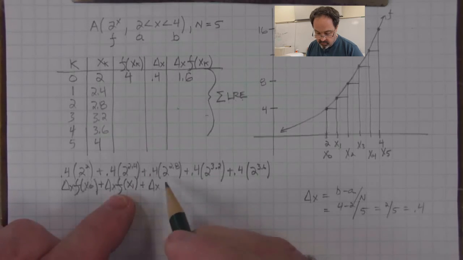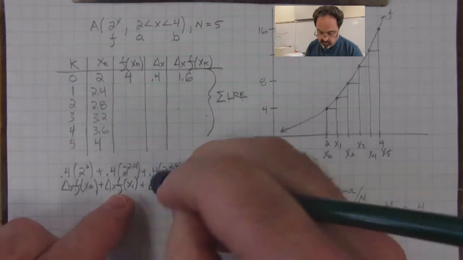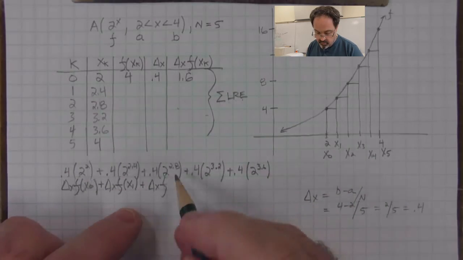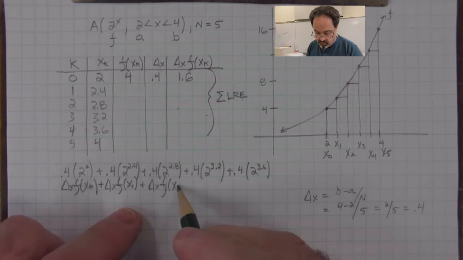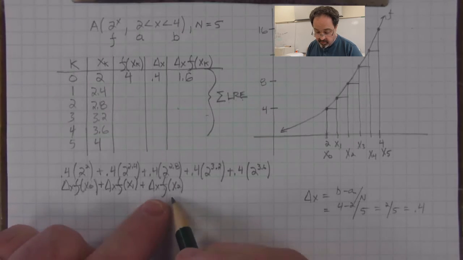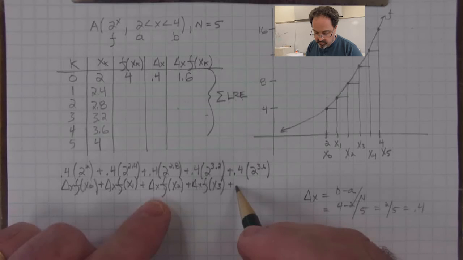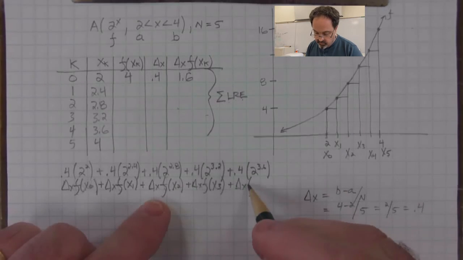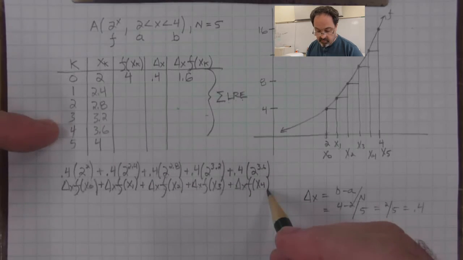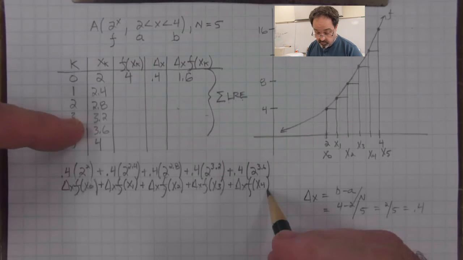And then delta x times the value of the function at a k value of 2, or f at x sub 2, plus delta x times f of x sub 3, and then the last rectangle is found as the product delta x times f at x sub 4. The last k value of 4, which corresponds to an x value of 3.6, put into the function.